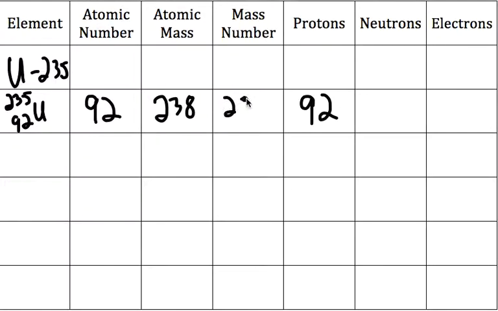But this is a mass number, a special isotope, 235. This isotope is the isotope that's used in nuclear weapons because it has the ability to break apart, or fission, and produce energy. 238 does not. The electrons will be the same, but the neutrons will be the 235 minus the 92, which I believe is 143.